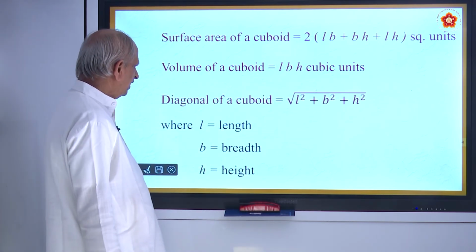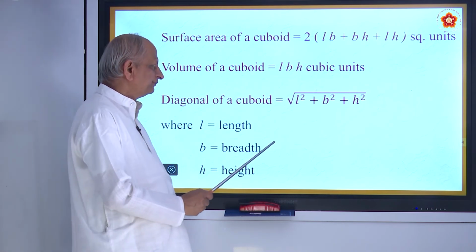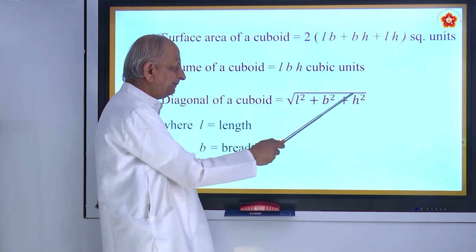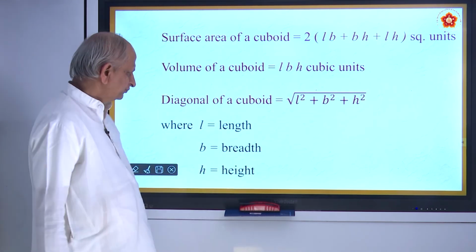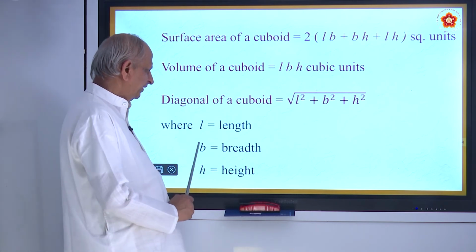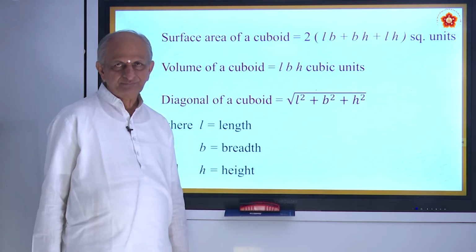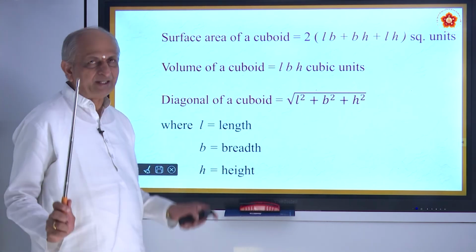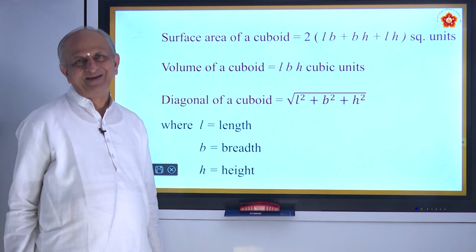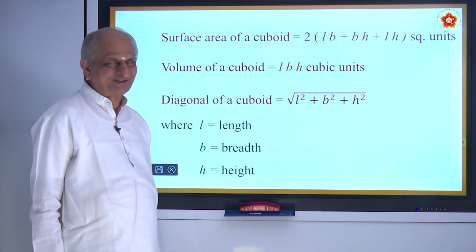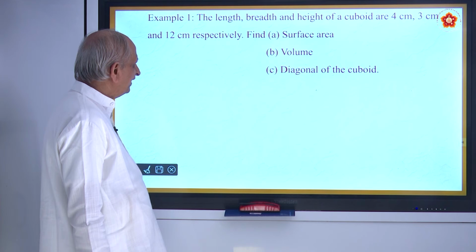Then you have diagonal of a cuboid, root of L square plus B square plus H square, where L is the length, B is the breadth, H is the height. Okay. So please bear it in mind. 5 times you must tell and write and practice. Then only it will be there in head.